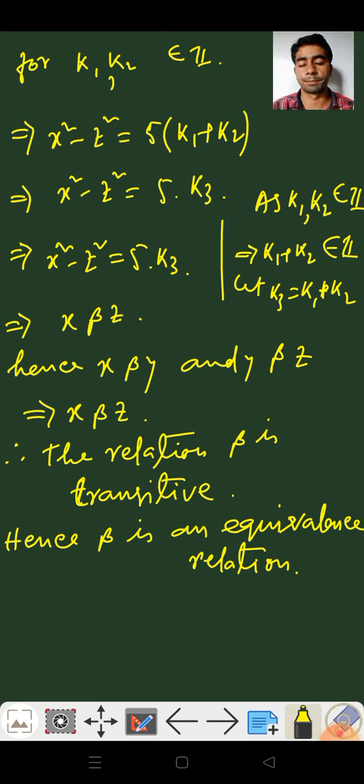Now our target is, we have to show that the relation beta divides Z into 3 distinct equivalence classes. The second part is that we have to find out all the classes formed by the relation beta. Since we know that every equivalence relation forms a partition on the set by the equivalence classes.